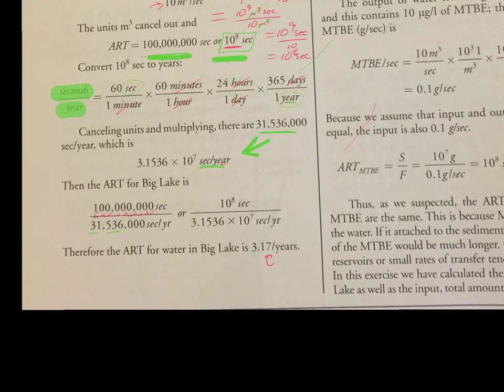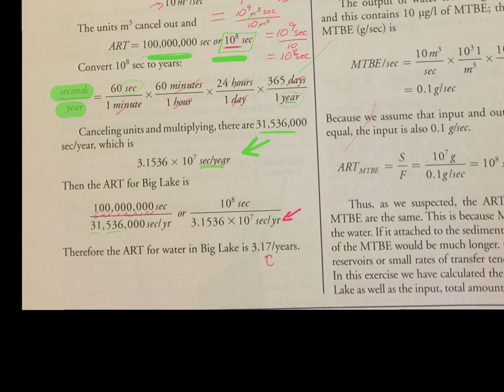And when we do the division, what you end up with is the seconds canceling out, because remember this is going to be inverted and multiplied.